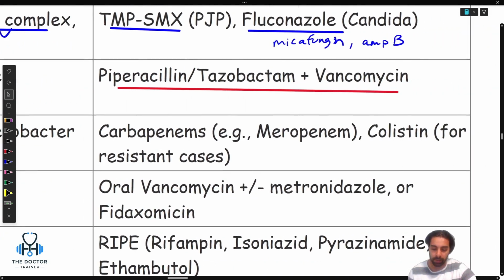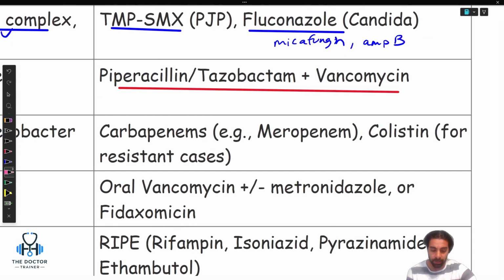So you have to go to the big guns. And the big guns are going to be your carbapenems. So your carbapenems are going to be meropenem, imipenem, so anything with a penem associated with it. And then colistin is not tested as much. So it's usually going to be your carbapenems.